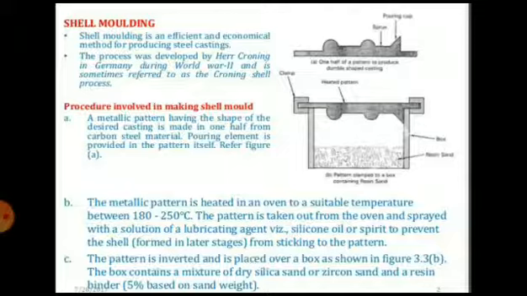In the previous step, we made a pattern of the desired shape in half shape. Then that pattern is heated in an oven to a suitable temperature between 180 degrees Celsius and 250 degrees Celsius. The pattern is taken out from the oven, and to remove the shell from the pattern, a release agent containing silicone is spread over the hot pattern.